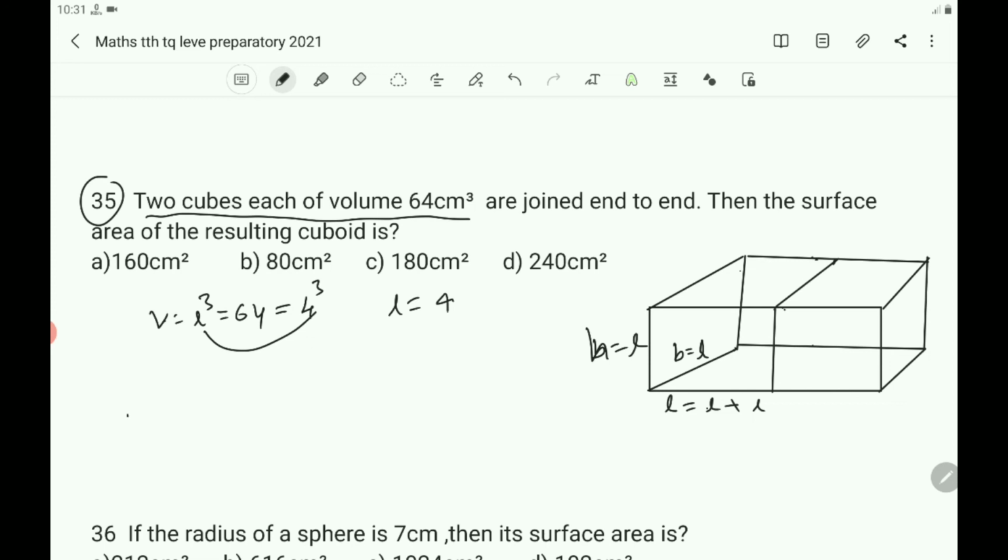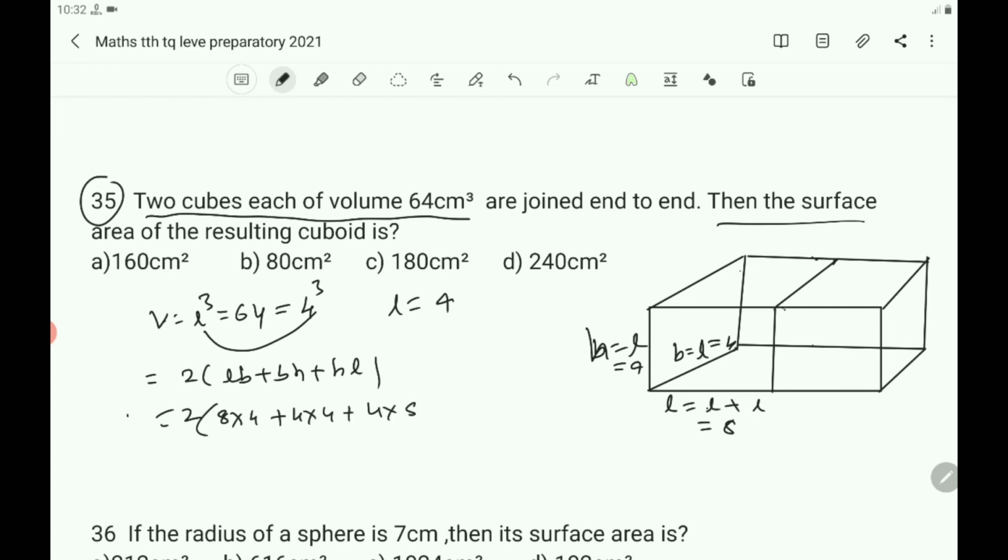Then the surface area of the cuboid, let us consider the total surface area of the cuboid. That becomes 2 into LB plus BH plus HL. L plus L becomes 8, and the remaining are equal to 4 only. So L into B means 8 into 4 plus 4 into 4 plus 4 into 8.